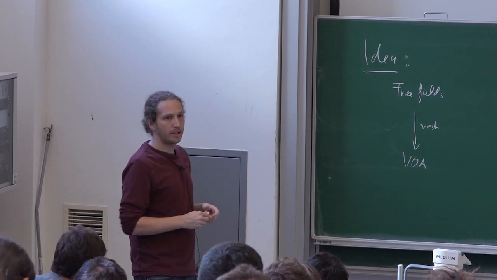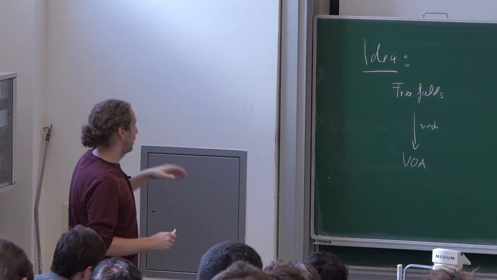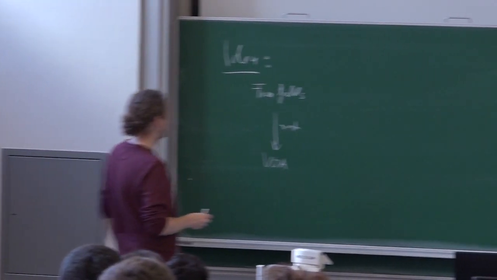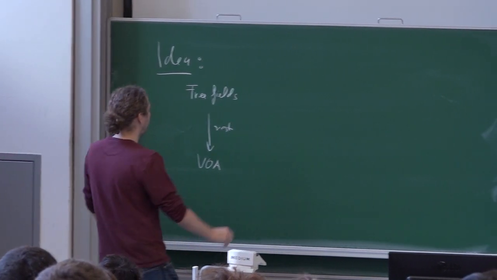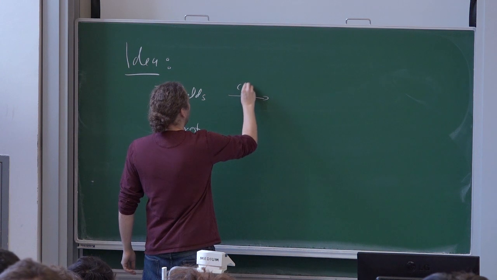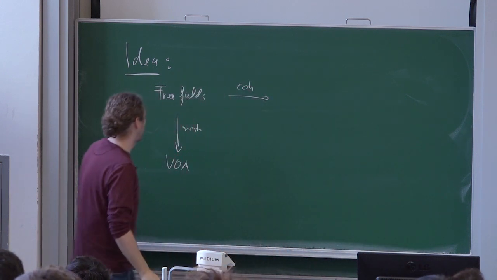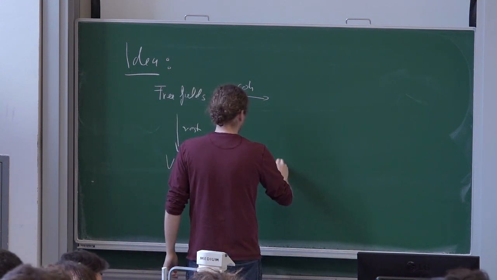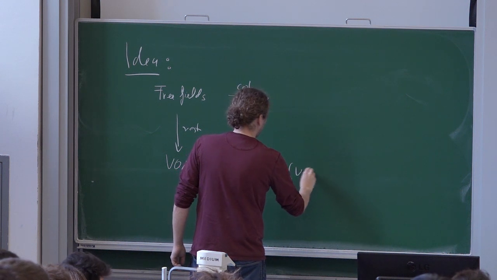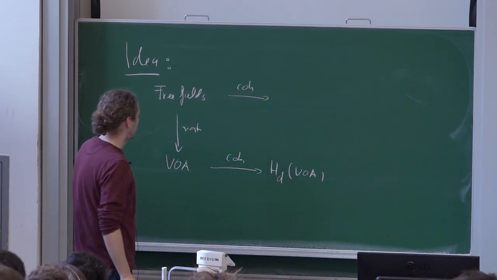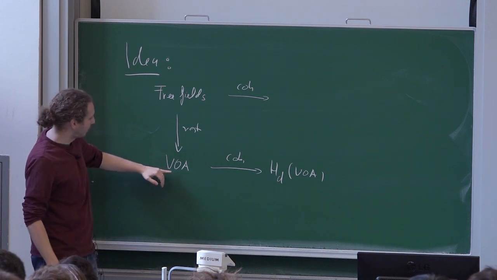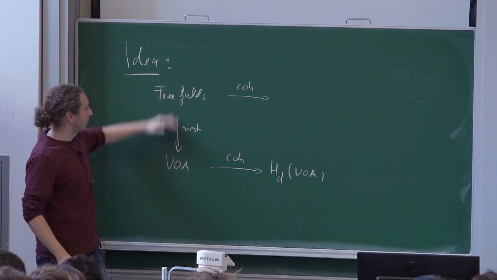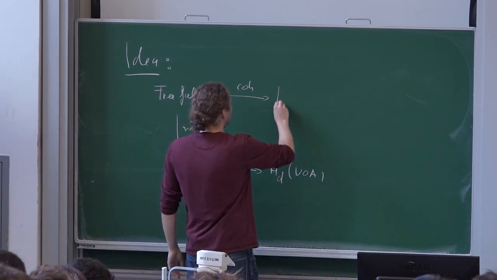So at the end of last lecture, I presented such a screening charge, and I will recall it in 10 or 15 minutes. But now what you want to do is understand a certain cohomology of the VOA, let's call it H_D, the cohomology of this VOA. Since we have an embedding of our VOA in a bigger, much easier VOA, our differential embeds there, and so we can also take the cohomology there.